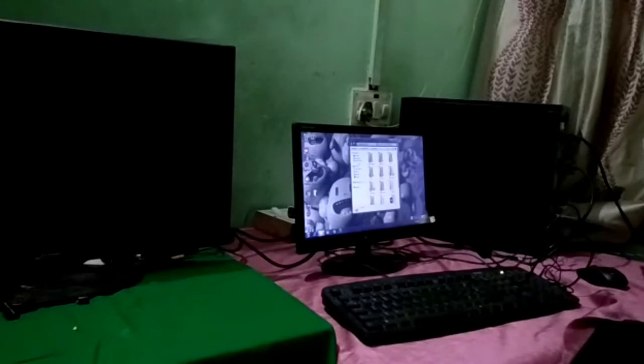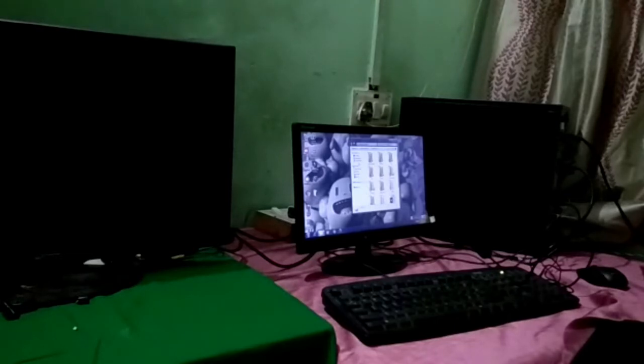Let us see the computer. What is a computer? In simple words, a computer is a machine that can do different types of work. It has different parts that work together to form a computer system.